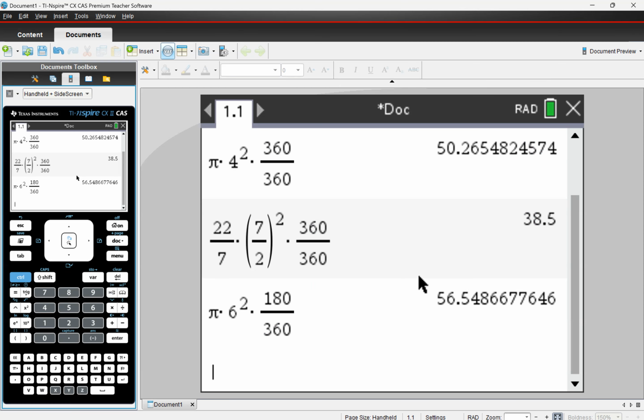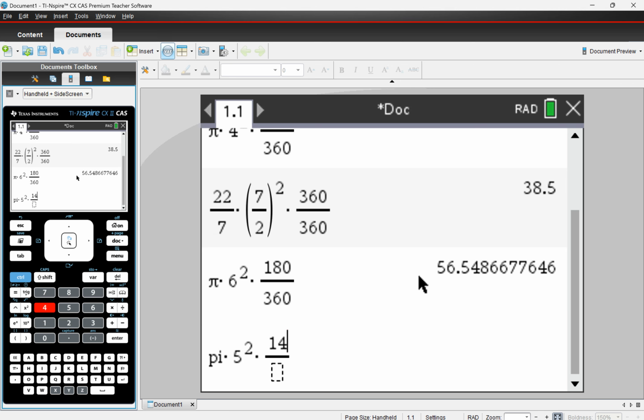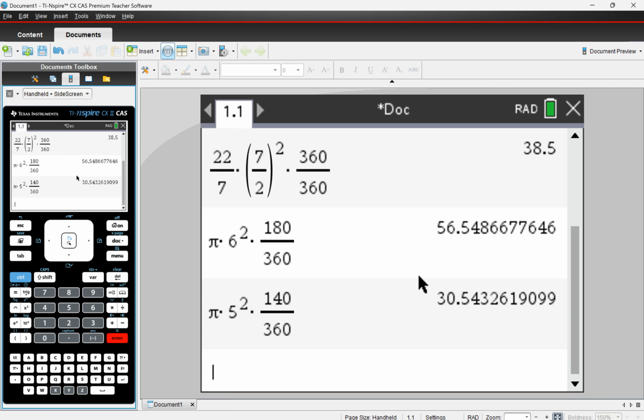Okay, so here we go. Let's type it in the calculator. Pi times 5 squared times 140 over 360. You and I should get, hands up if you got the same, 30.543. You did? Good.